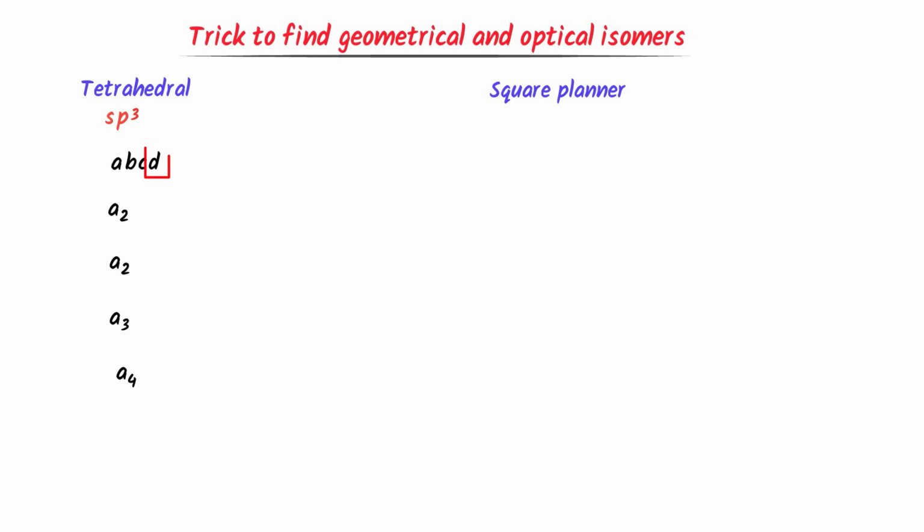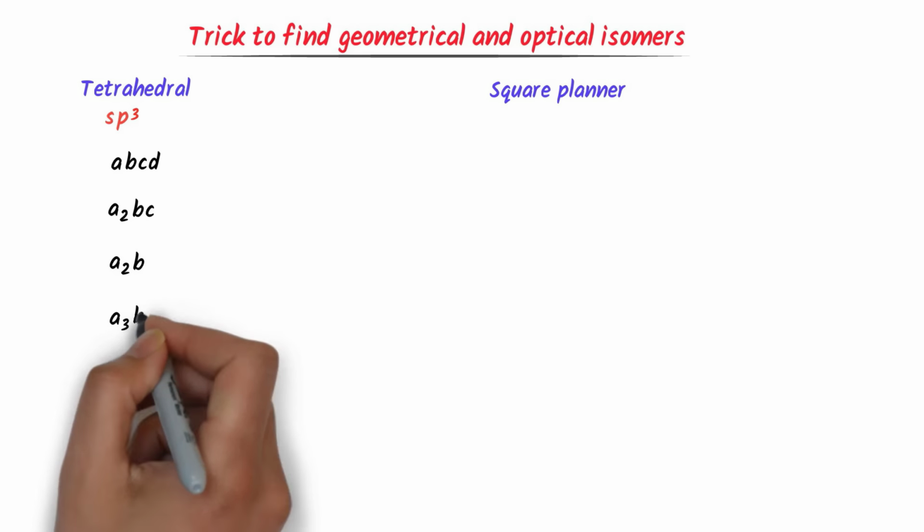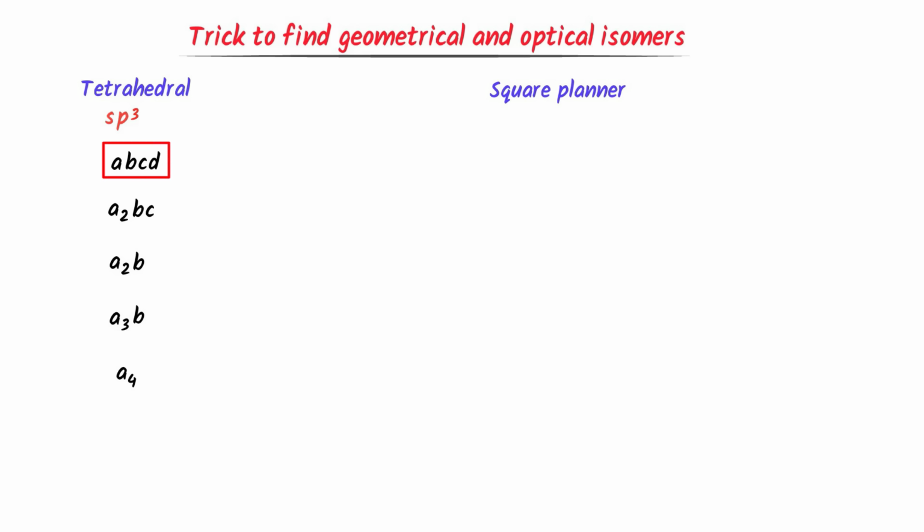Now I remove one alphabet successively. I remove this D, I write here BC. I remove this C, I write here B. And I also write here B. In the first case, the number of ligands is 4. In the second case, the number of ligands is 4.